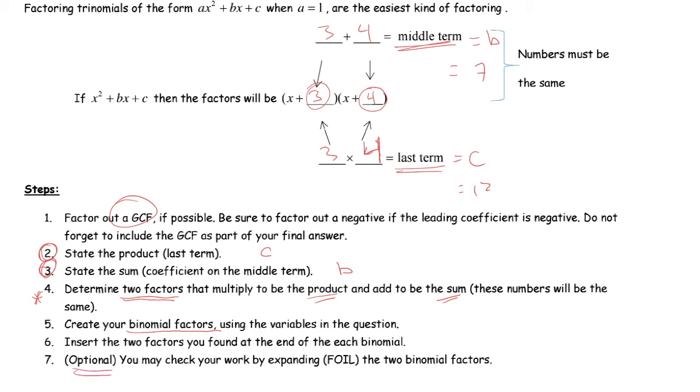It says checking is optional here, but you really do want to check that what you've guessed is going to multiply back into the original expression when you distribute it. Now let's take a look at some questions, because you need to see this kind of factoring in action before it'll really make sense.